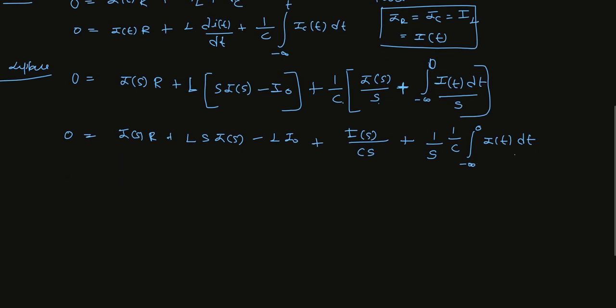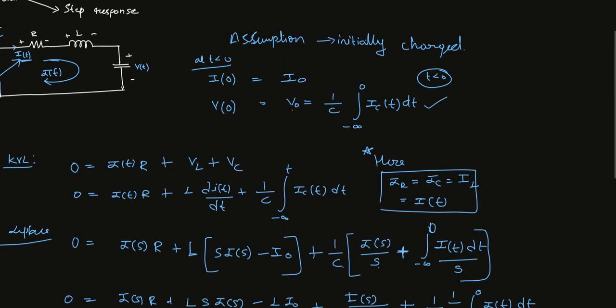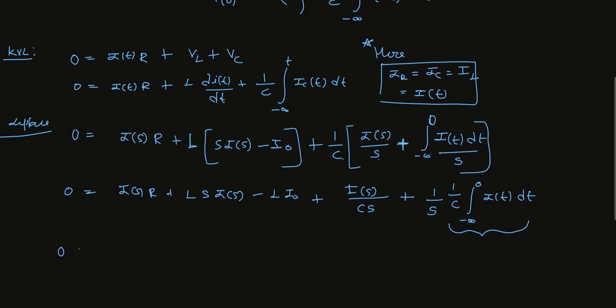If you observe carefully, this term is nothing but the initial voltage across the capacitor. So 0 equals I of s into R plus Ls into I of s minus L into I naught plus I of s by Cs plus 1 by s into the initial voltage across the capacitor.